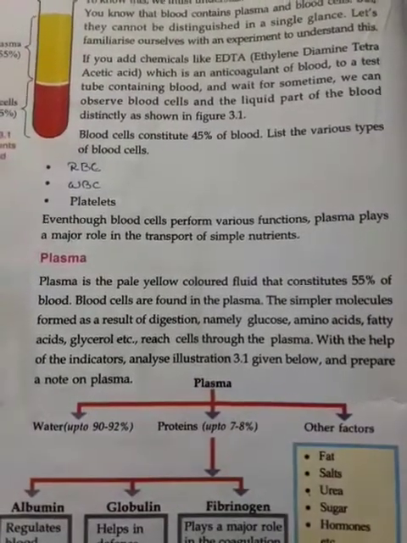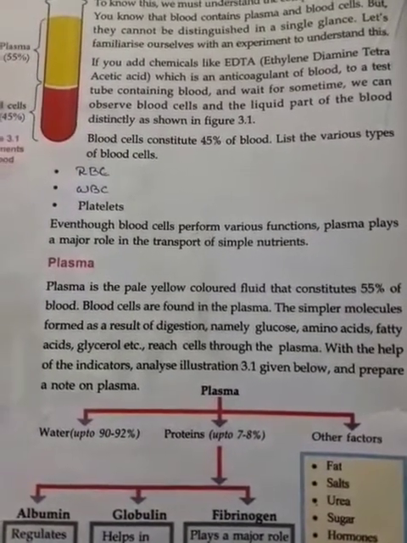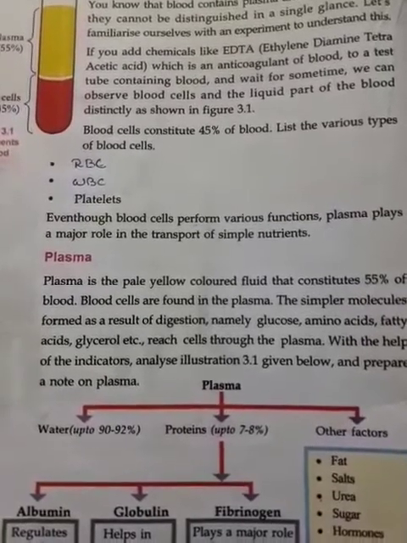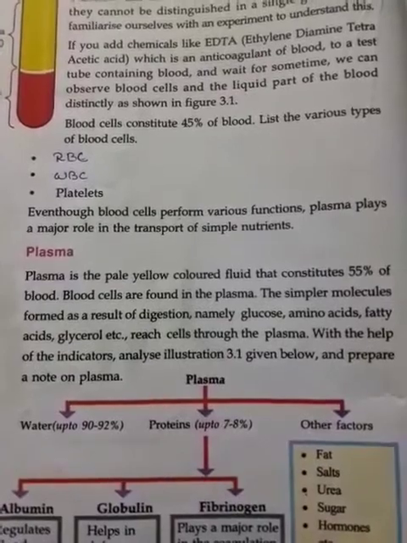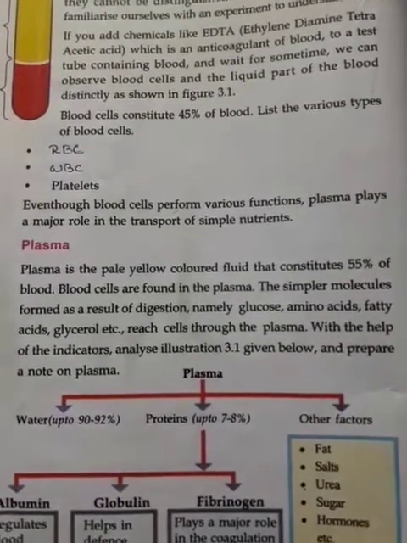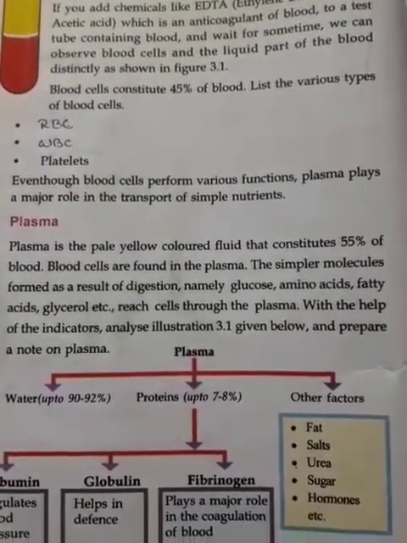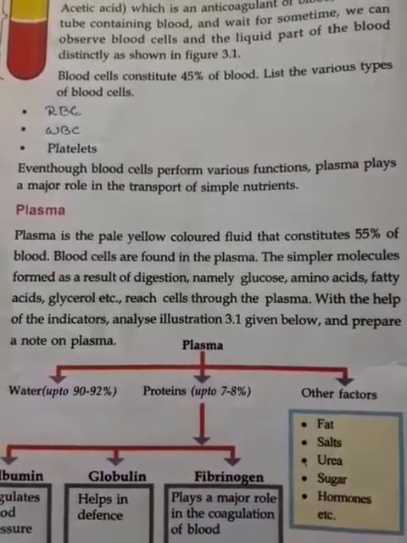Plasma contains 90 to 92% of water, then 7 to 8% of proteins and other factors. Which are the other factors present in the plasma?